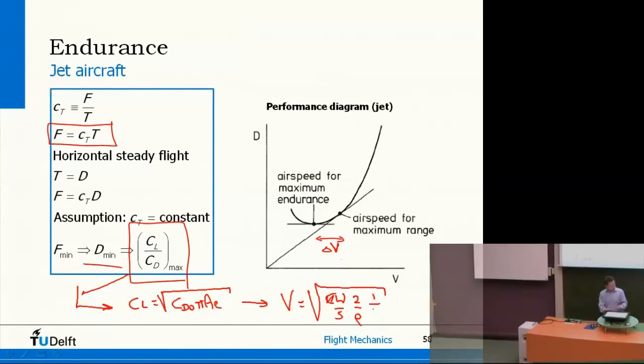So if you talk about endurance, then if you have the diagram, you can simply read off the airspeed, and otherwise you have to calculate it with these equations. Now I think I'll stop right here.